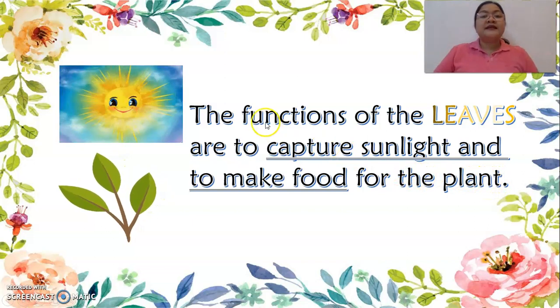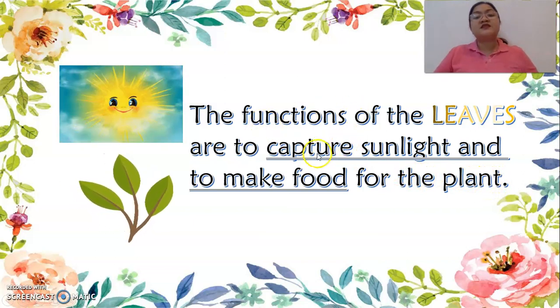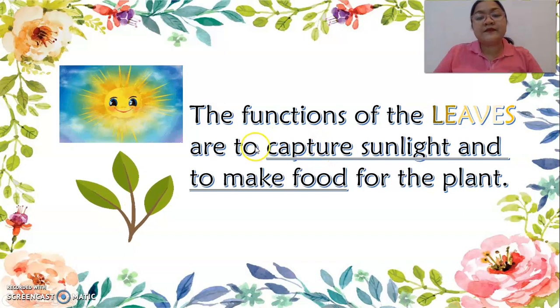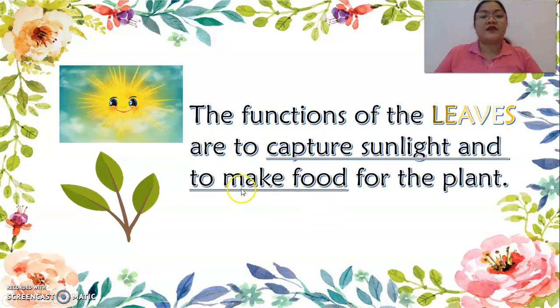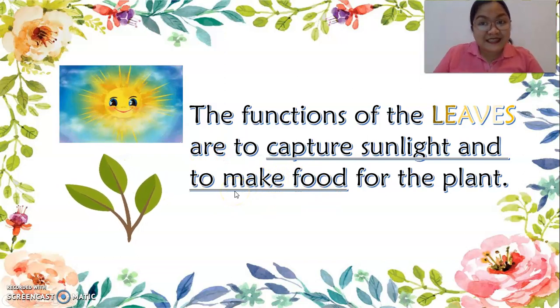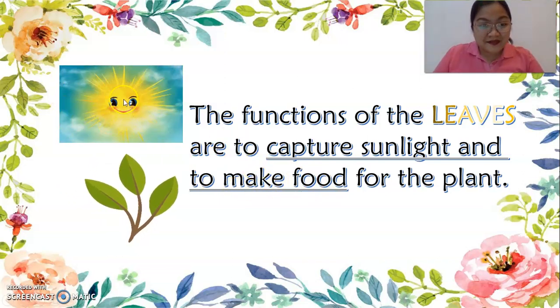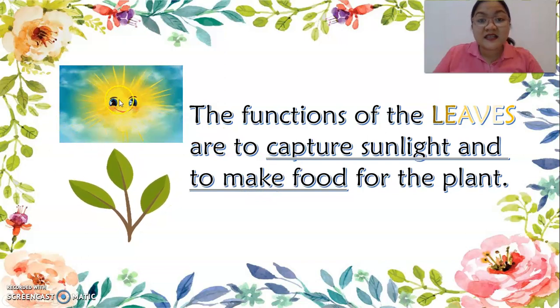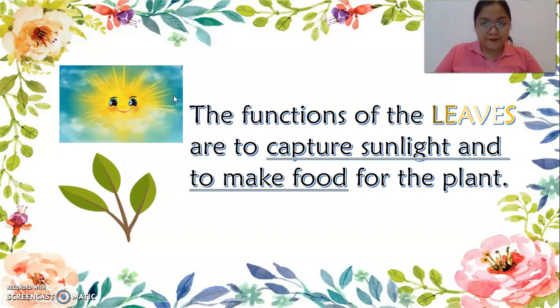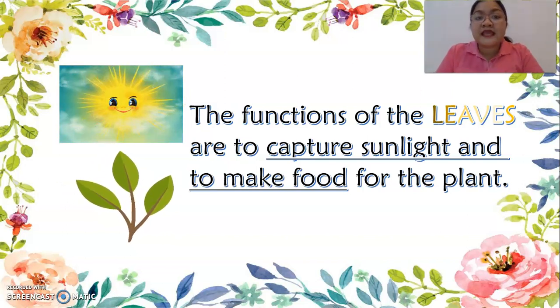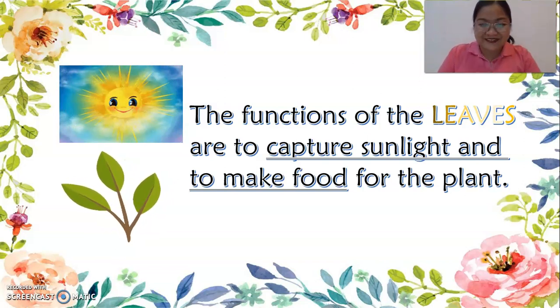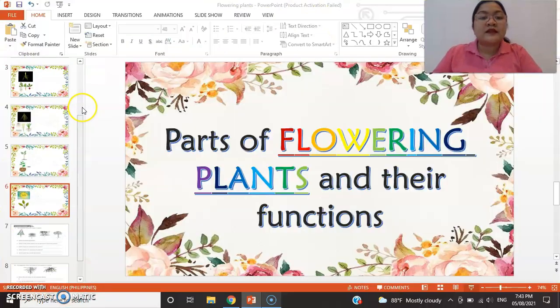Again, the plant needs what? Very good. They need the sunlight from the sun to make their own food. So when the leaves capture the sunlight, they start to make their own food. Alright, very good. So let's have a review.